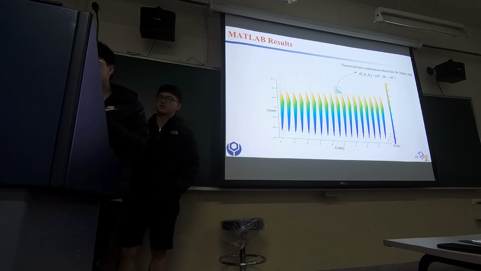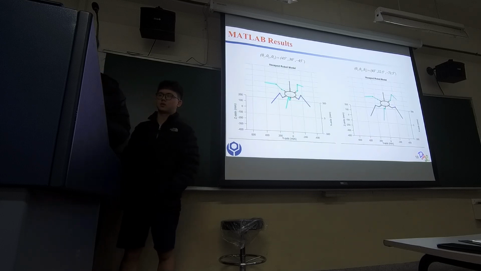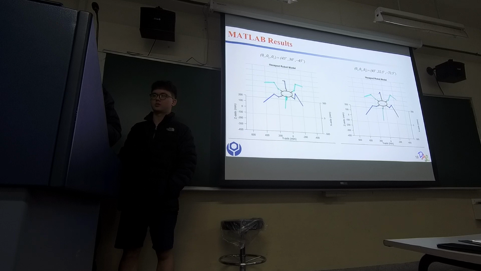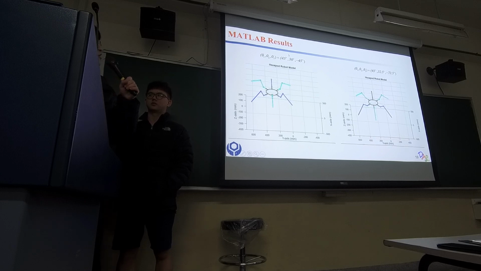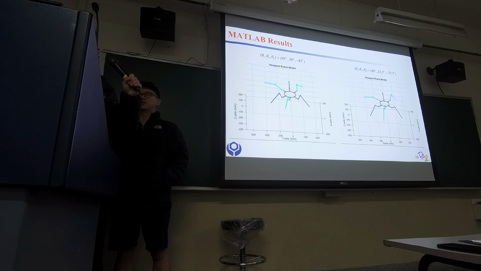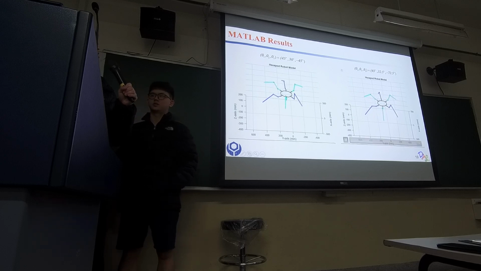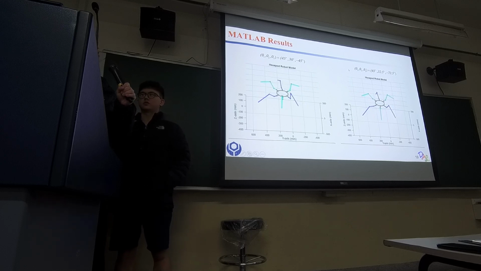For the final result, we can compare these two animations. The first one uses the optimal parameters of theta 1, 2, 3, and the second one is our first design that we mentioned before.